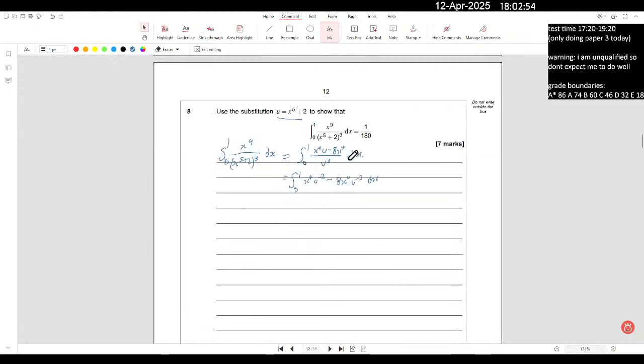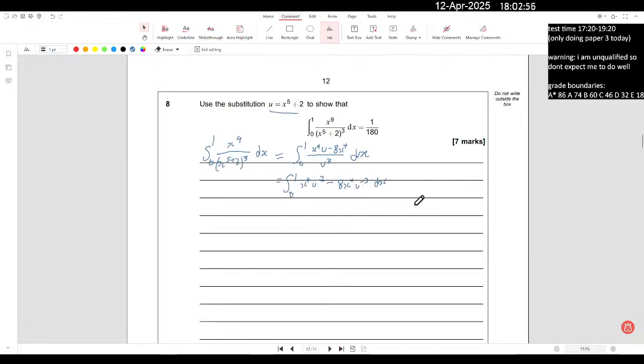Okay, but I don't know how to do this. Can I just leave it? Can I just leave the U? I'd like to pretend the U doesn't exist. It would be good if the U just didn't exist.